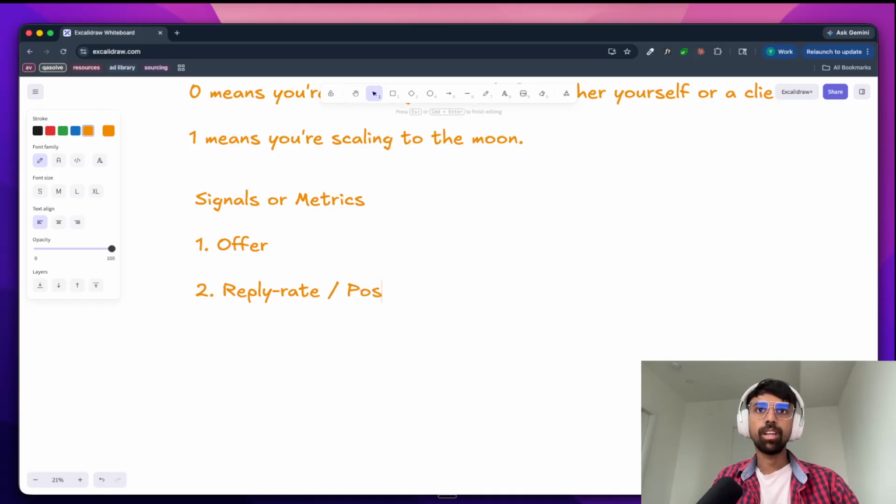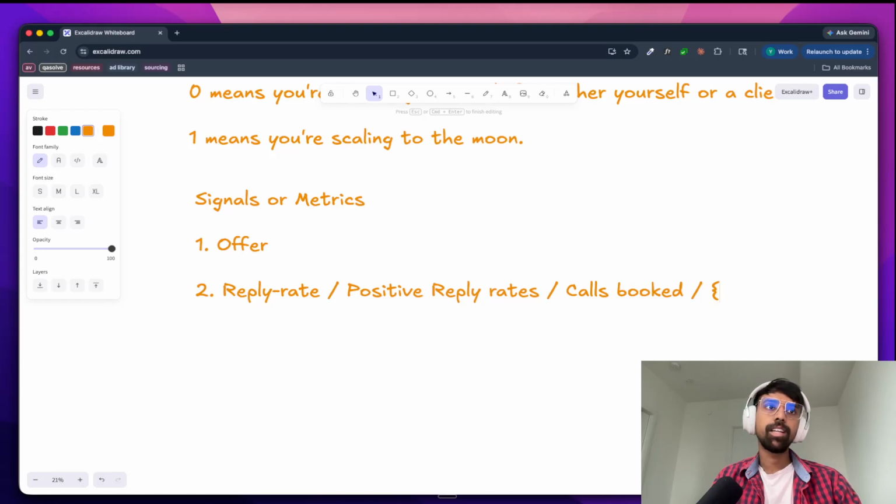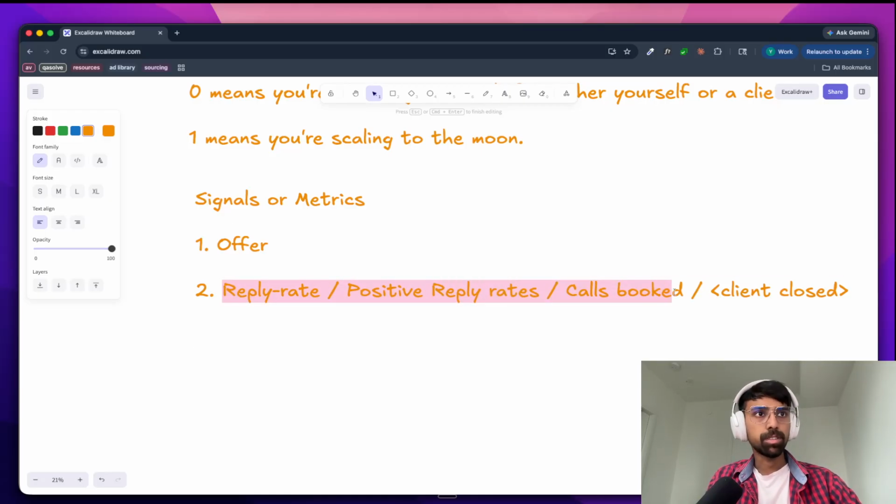Then we'll need to look at positive reply rates. Then we'll need to look at calls booked. And if possible, this is optional, maybe client closes. We definitely have to look at reply rates, positive reply rates, and calls booked.